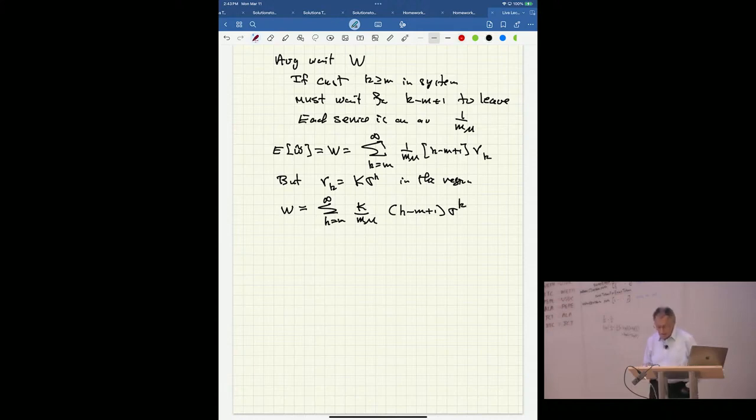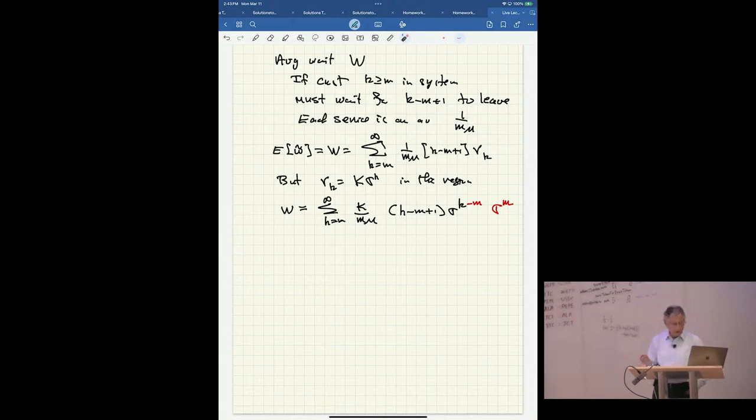Now to sum that, I'm going to take out a factor, sigma to the minus m, and put it right back. And so the sum that's of the form n plus 1 sigma to the n.